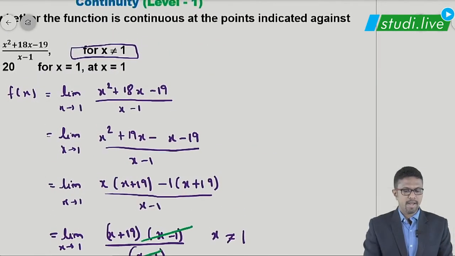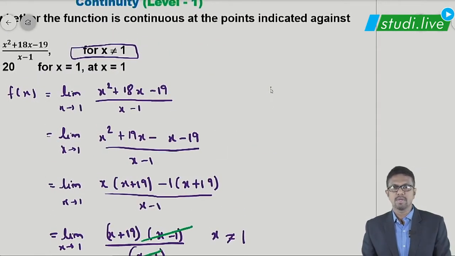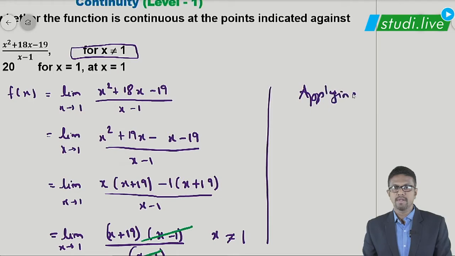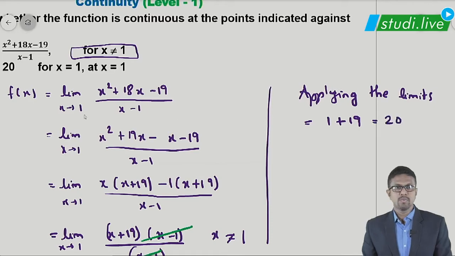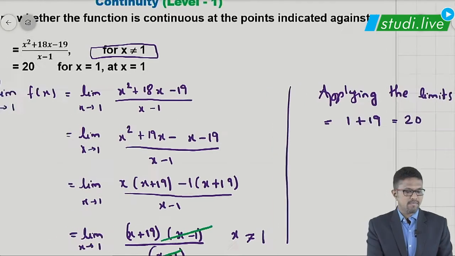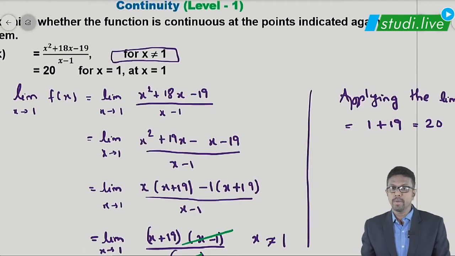If I apply the limit now at this step, in the place of x we will be substituting 1. So I can say this is equal to 1 plus 19, which is equal to 20. Over here we can see that the function value was also given to be equal to 20.